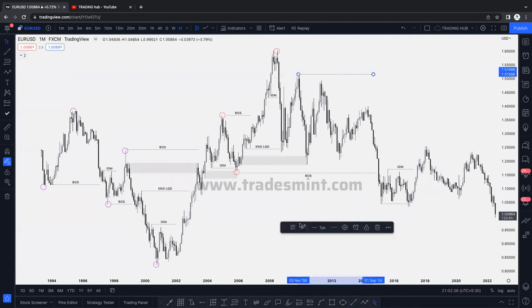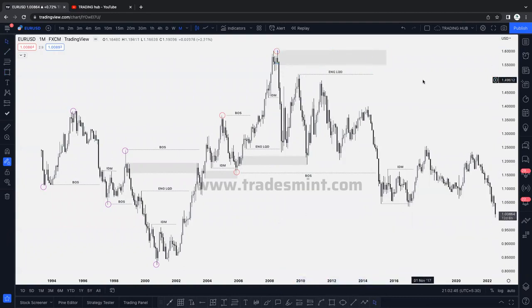Correct. Because above this, there is something here. This order block. Correct. So this one is our engineering liquidity, and this becomes our new lower low. Is here.